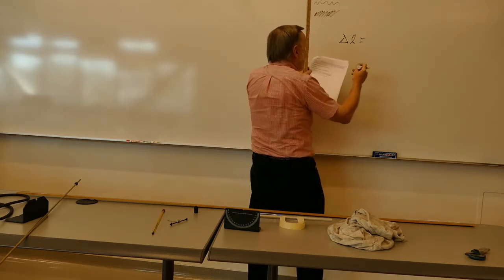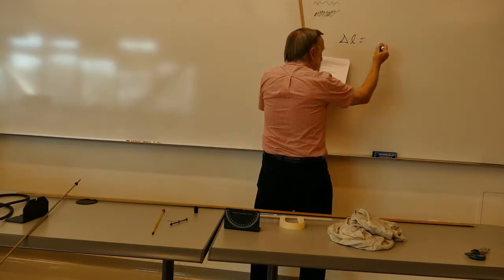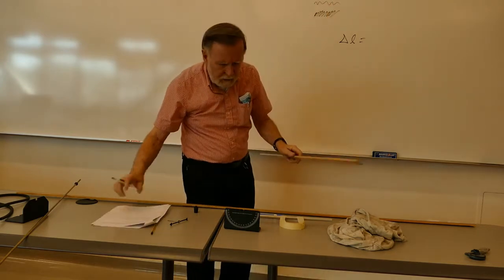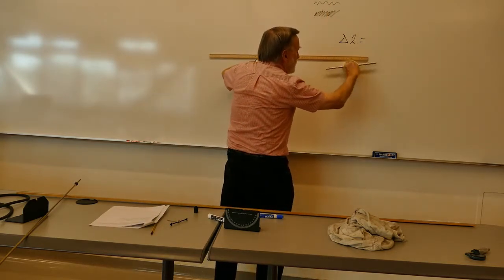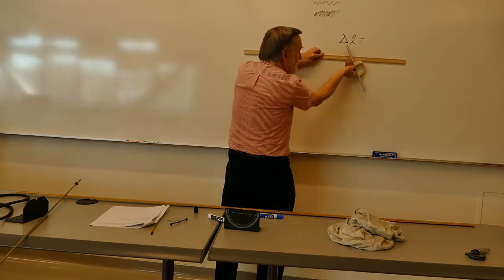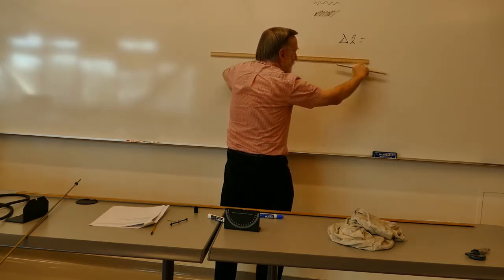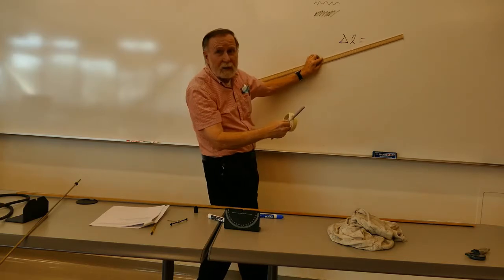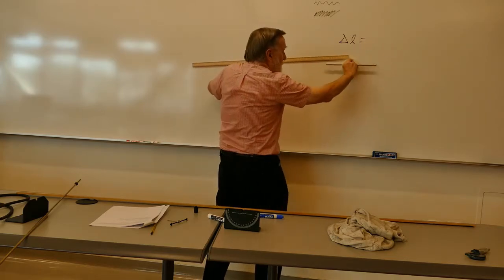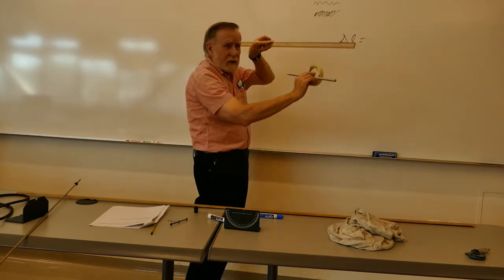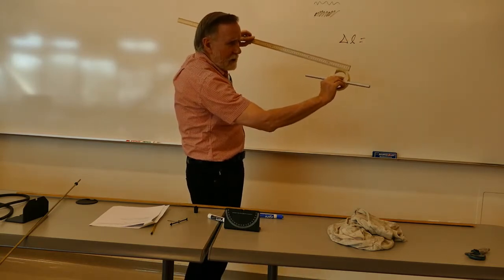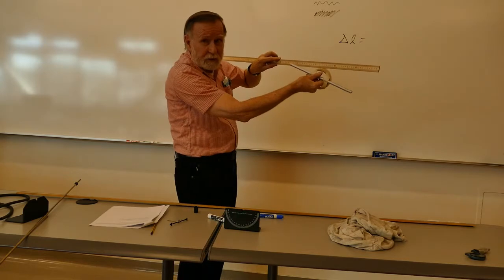Look, suppose the change in length caused the pointer to rotate 360 degrees. If that were the case, what would the change in length be? If the change in length made the pointer go around 360 degrees, can you see that the change in length is rolling around the circumference?